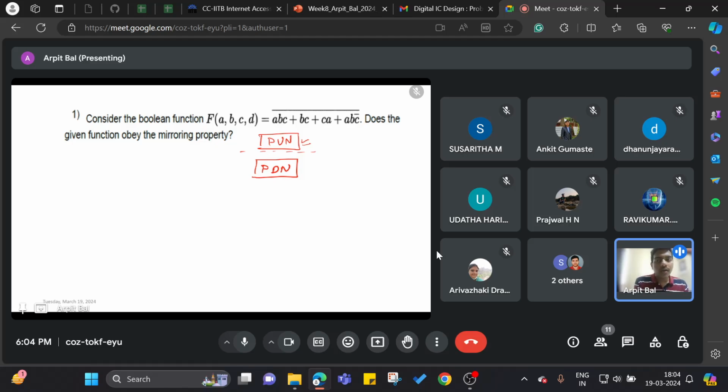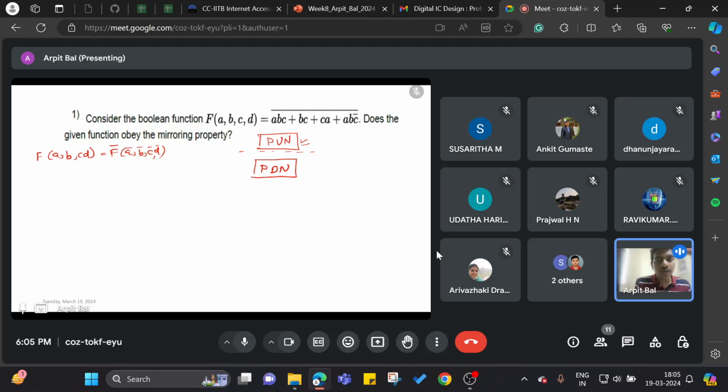It is found that there are some circuits which exhibit this property, provided they follow this: if f(A,B,C,D) equals f bar(A bar, B bar, C bar, D bar). If this condition is satisfied, then the function is going to obey the mirroring property.